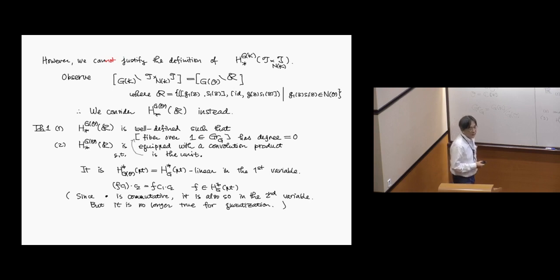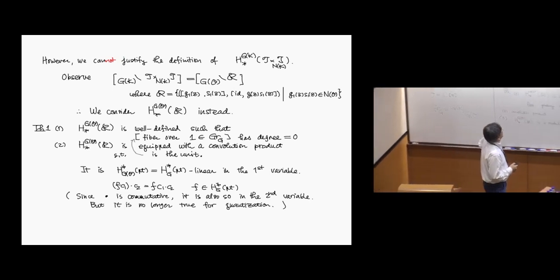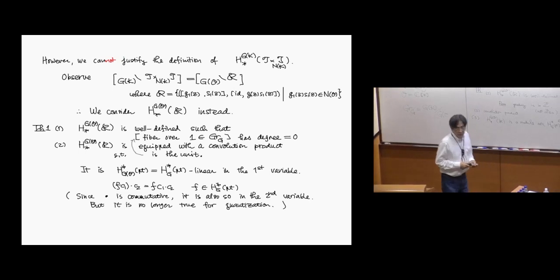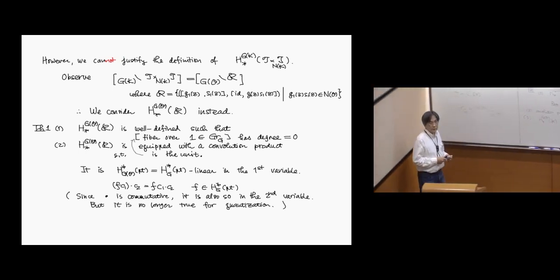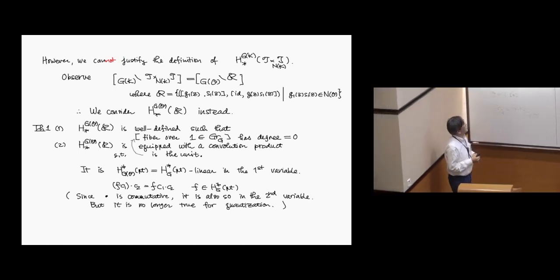As I emphasized, commutativity is very much related to the geometric Satake correspondence. We take exactly the same situation, so we expect this to be commutative. Afterwards, we see that the convolution product is also linear with respect to the second variable.